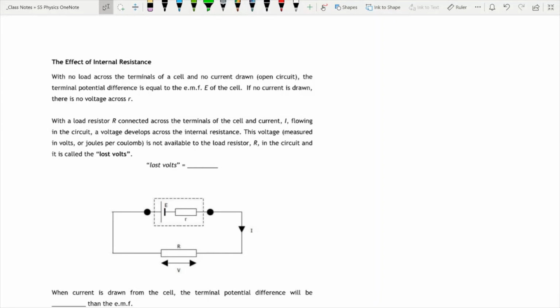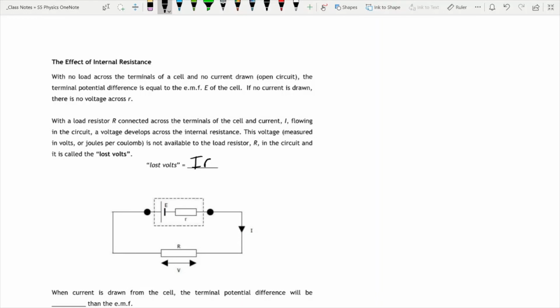This voltage is not available to the load resistor R in the circuit, and it's called loss volts. To calculate loss volts, it's just like any kind of voltage: current times resistance. So loss volts is I, the current in the circuit, times lowercase r, the internal resistance.